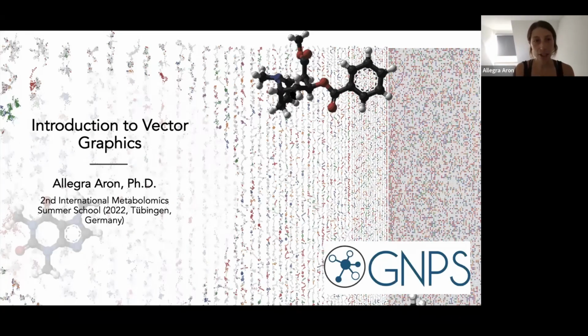We might want to change something big or something small. And so how do we actually do that? Luckily we can use the vector graphic format and software that supports that format to modify, to edit, or even to add to outputs from GNPS or from Jupyter notebooks.